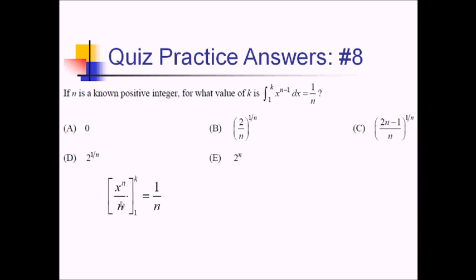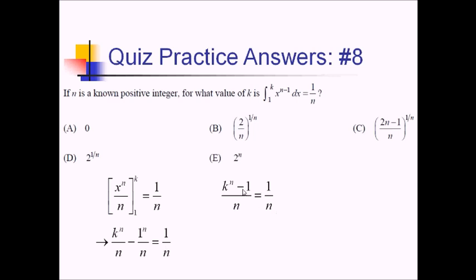Let's expand this part now, though. This is just going to be k to the n over n minus 1 to the n over n. And again, we're saying that equals 1 over n. We can actually merge these together since we have a common denominator. And we can actually just multiply everything by n and eliminate those.